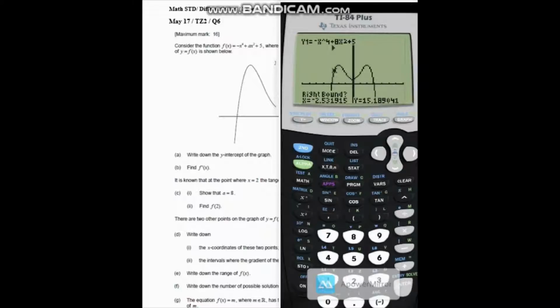There is your left bound and your right bound and your guess. So the maximum exists at negative 2. Of course, negative 1.999 is just negative 2. And the reason why it's not written as negative 2 has to do with the functionality of the calculator. The accurate answer is negative 2.